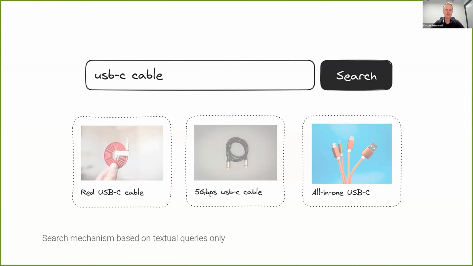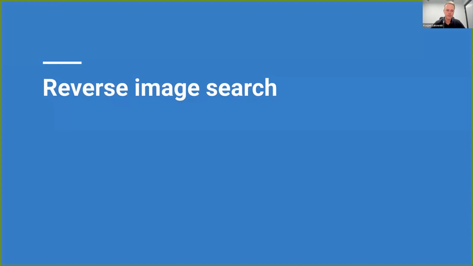But sometimes that might be not enough. In some specific industries, it might be also beneficial to expose a different way of performing the queries over the documents or over the products we have. And that may require providing a way to perform the search using some different modalities, for example, images.